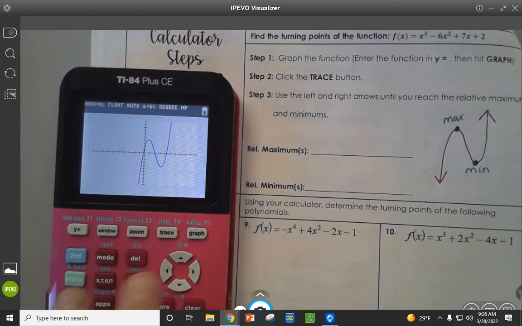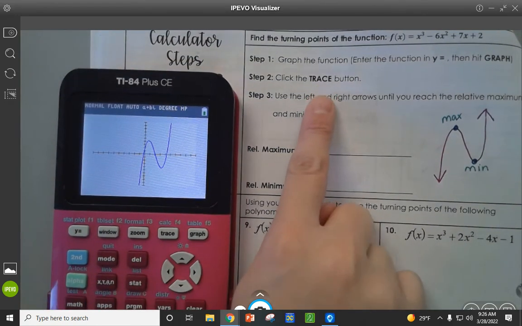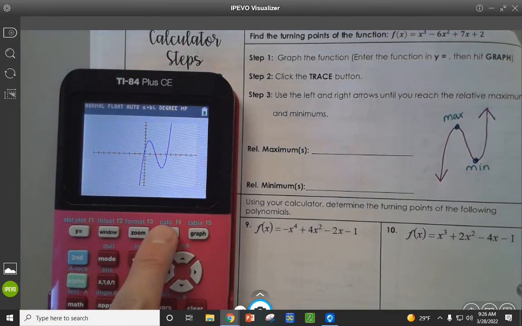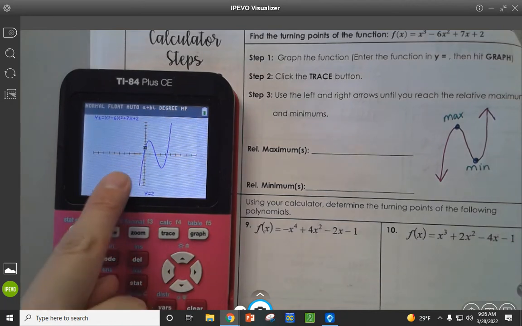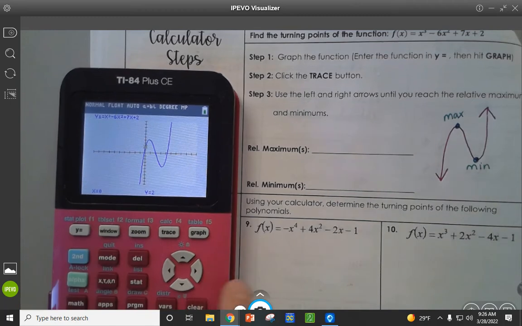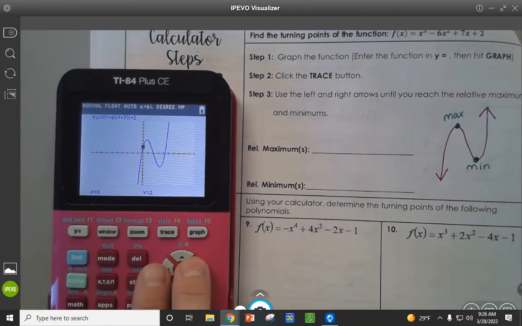The way that you find these is using the trace button. So where it says trace, hit that. And you should probably see a blinking cursor on your graph. Does anybody not see that?